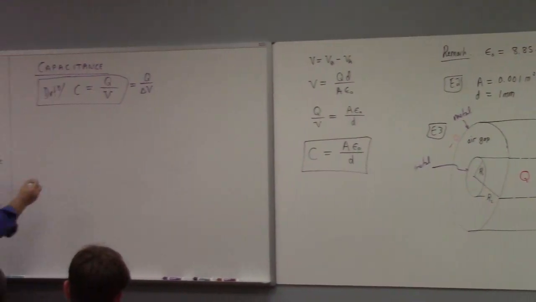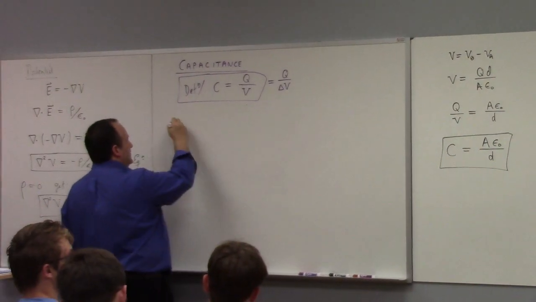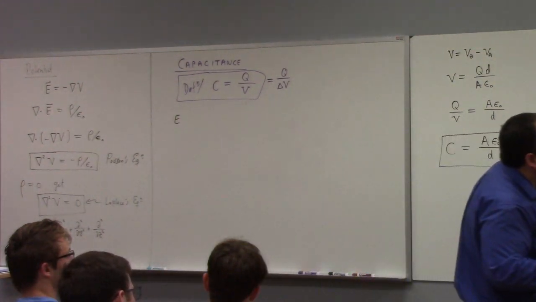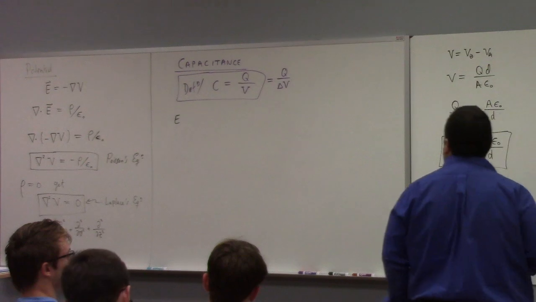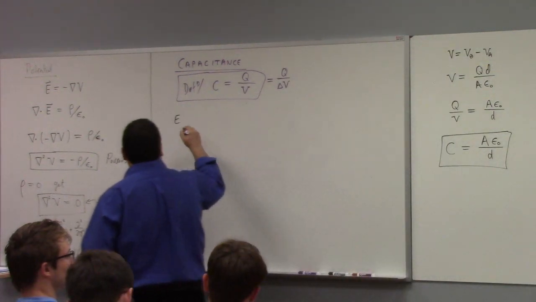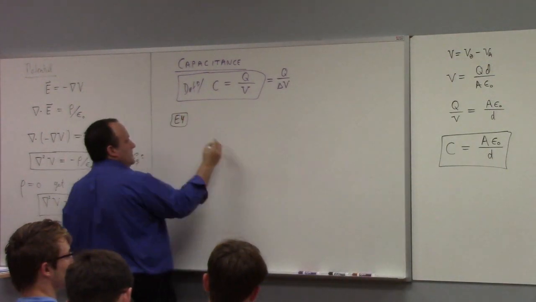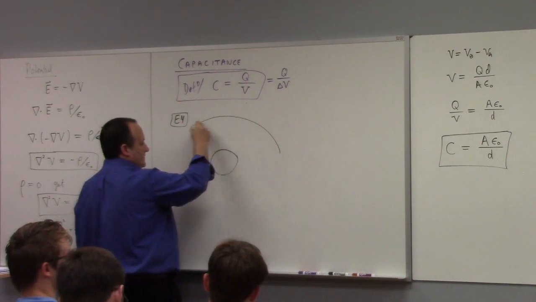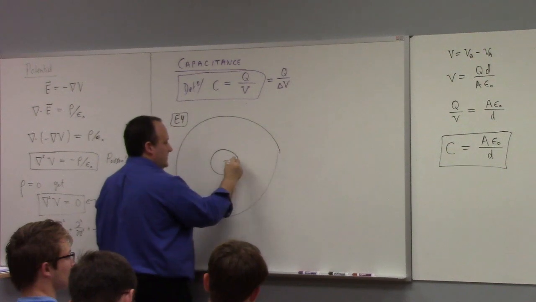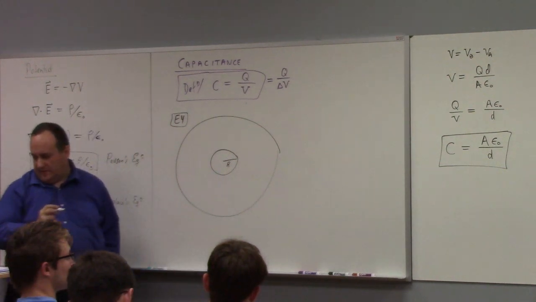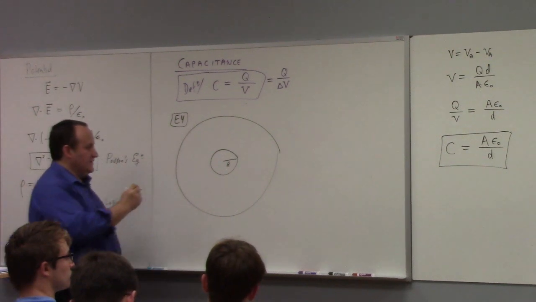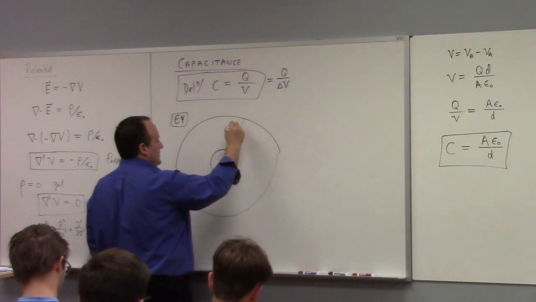Here, I'll draw it two-dimensionally. Example 4. For a spherical capacitor, you have inside and you've got outside. Let me stick with my notation in the notes: R1 for the inside radius, R2 for the outside radius.